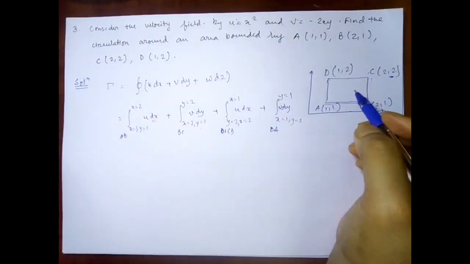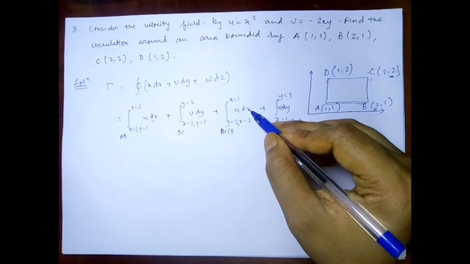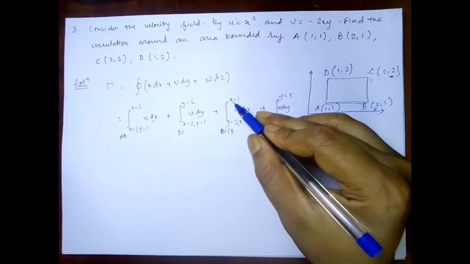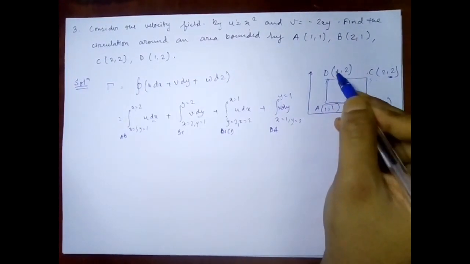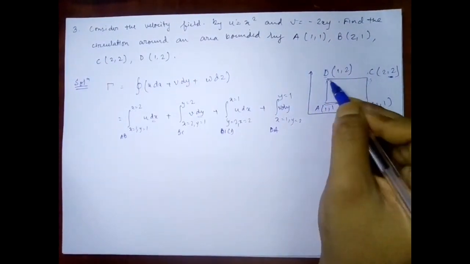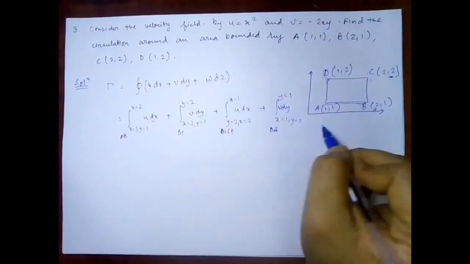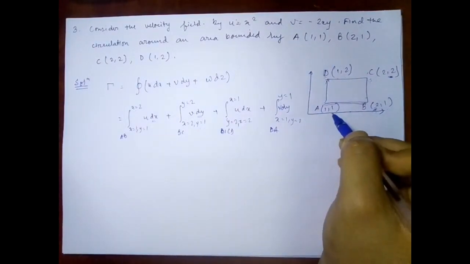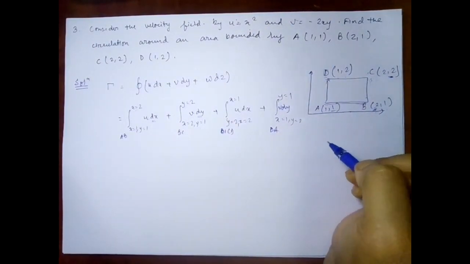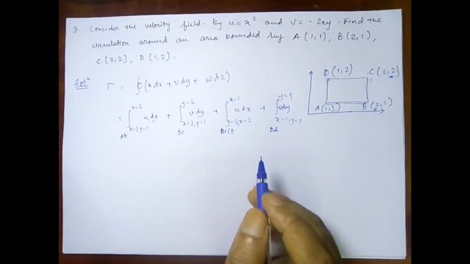Next, from c to d, x equal to 2, y equal to 2 is the lower limit, and since it is an integration of the x derivative, we will take x equal to 1, that is the x coordinate at d. And similarly, from d to a we have x equal to 1 and y equal to 2, and y is equal to 1 here. So it is basically a cycle.